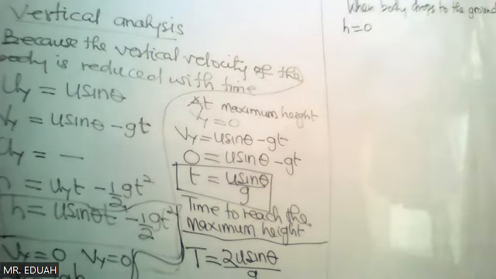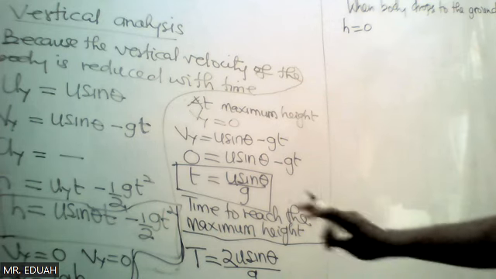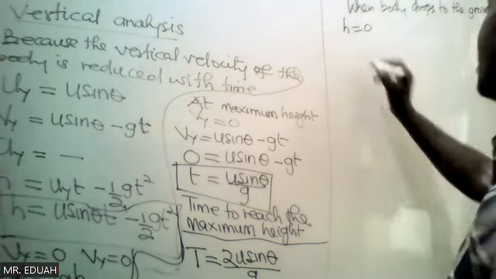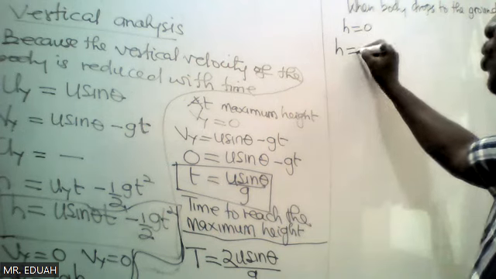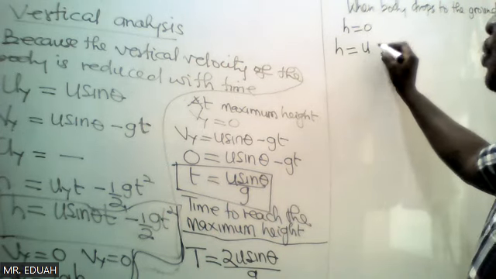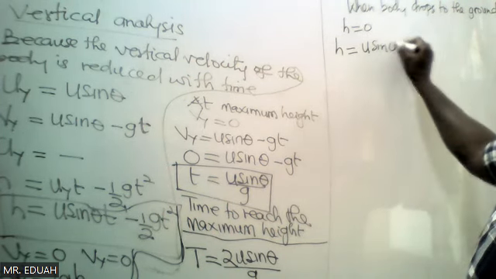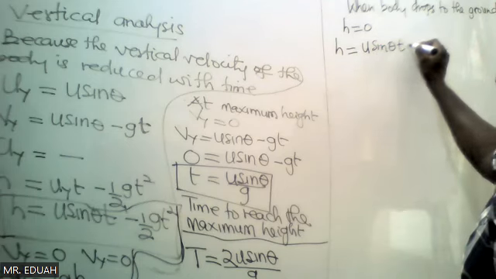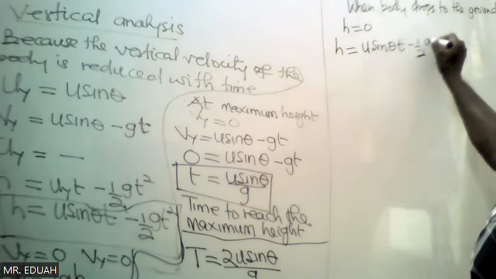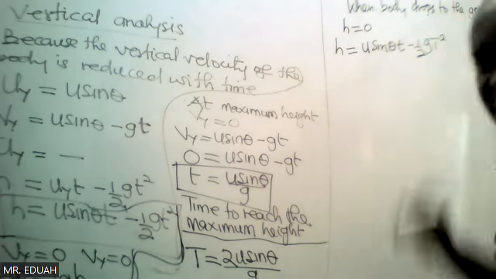If H is 0, then using the formula H is equal to U sine theta t minus half gt squared, we can get something.